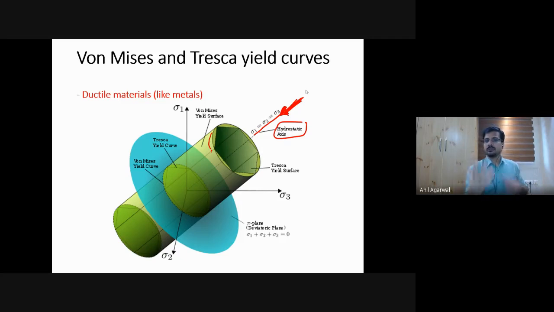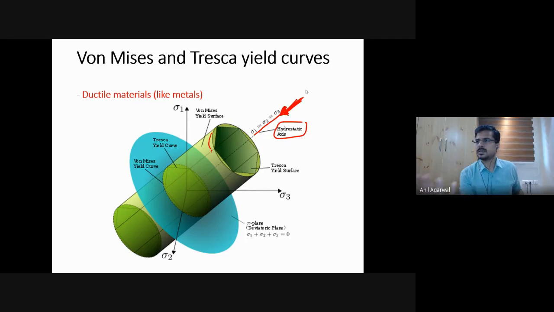Because the failure will happen only when you touch the boundaries, and in order for you to touch the boundary, you have to move away from the hydrostatic axis. As long as you are on or close to that axis, you'll never reach the yield. That is quite surprising, right? No matter how much stress you apply, as long as you maintain sigma 1, sigma 2, sigma 3 values to be equal, you never reach the failure.